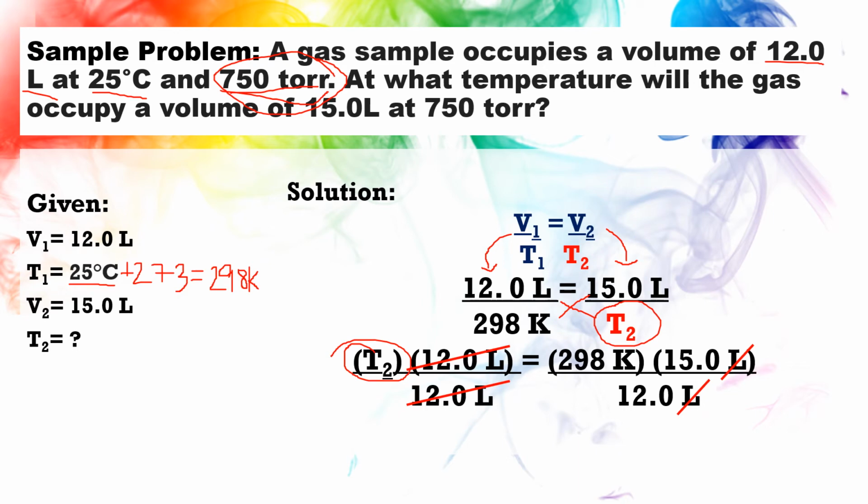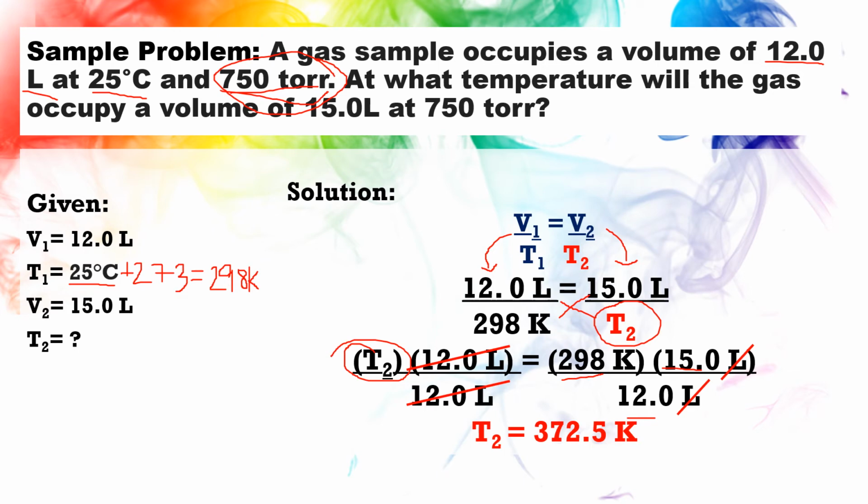So get your calculator. 298 times 15 divided by 12. The answer is 372.5 kelvins.